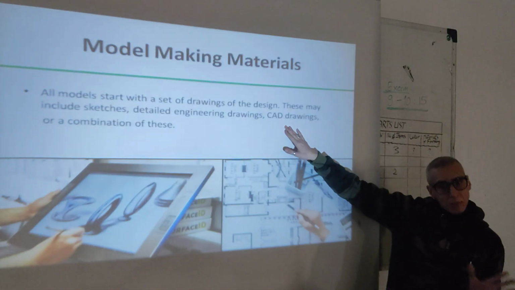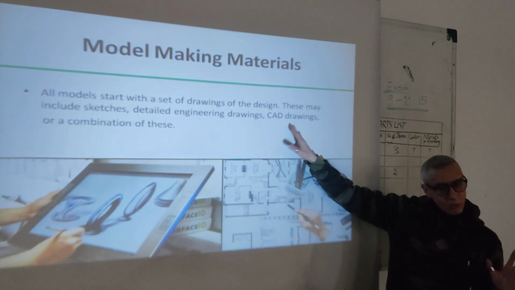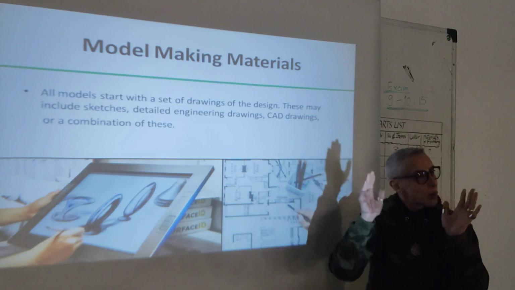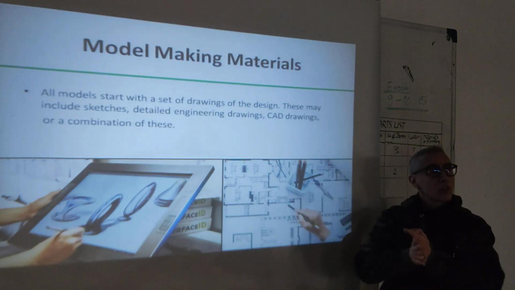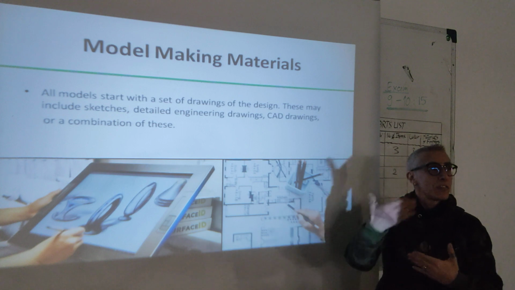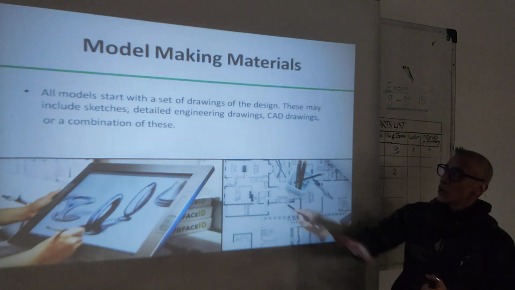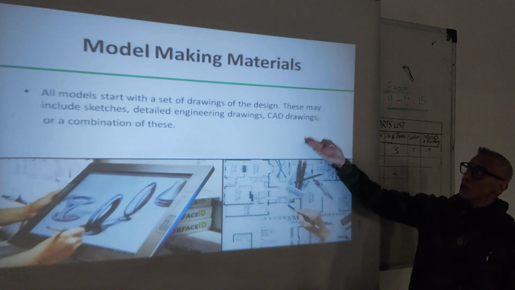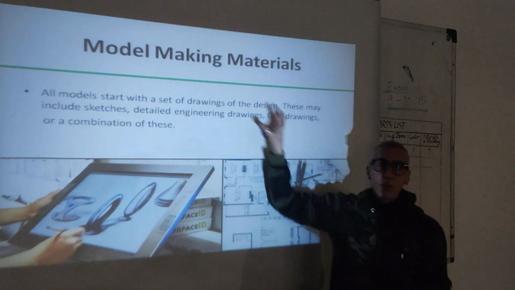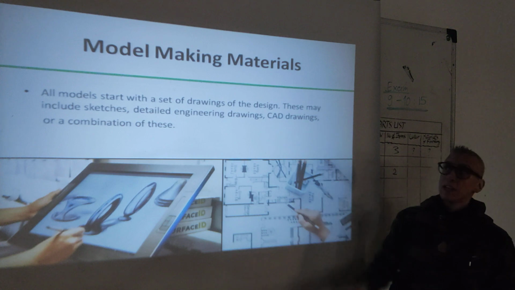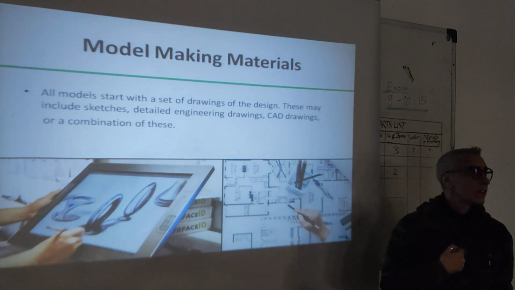This is for the final stages. So when you know this is the design I want, you can place it inside a CAD program and then build a model according to it. So sketches, engineering drawings, CAD drawings, or a combination of all of these are needed before the model making stage can start.